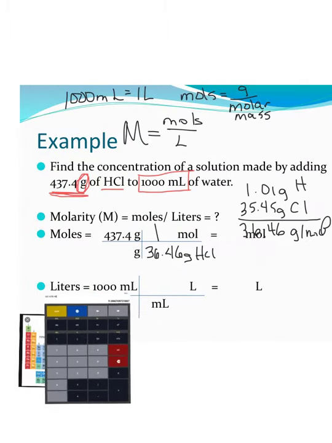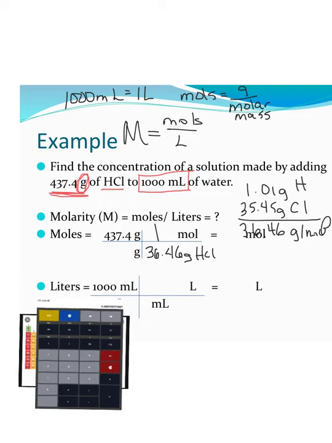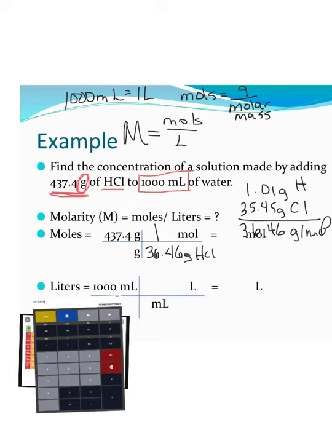We're going to round that 11.996 to 12. So we have 12 moles of hydrochloric acid. I'm going to box that because we're not quite done with our problem. We still have more that we have to do here.